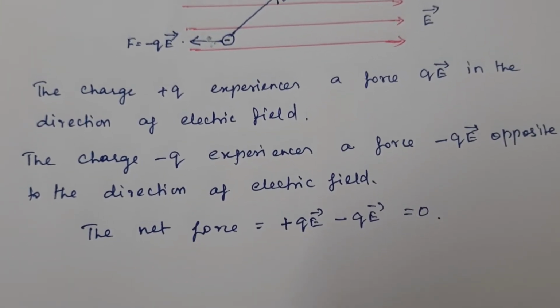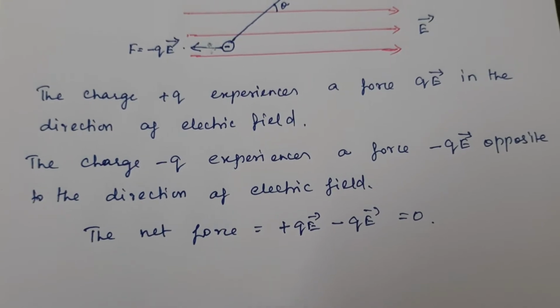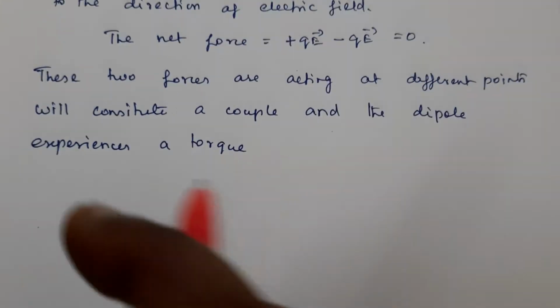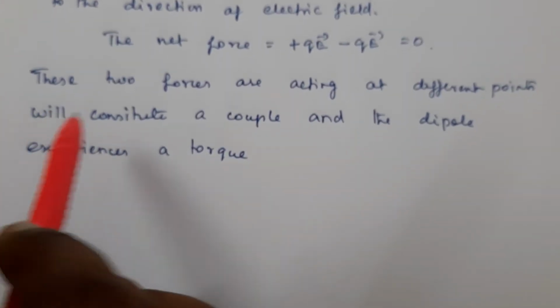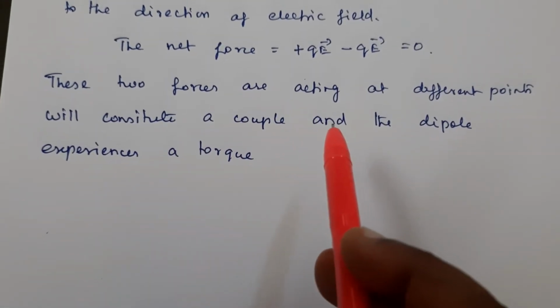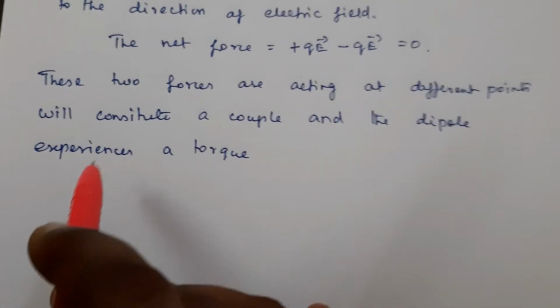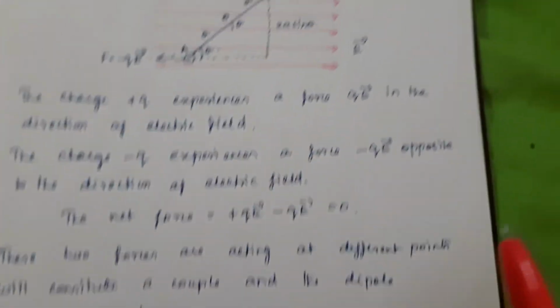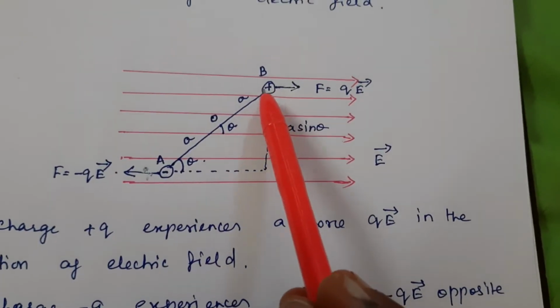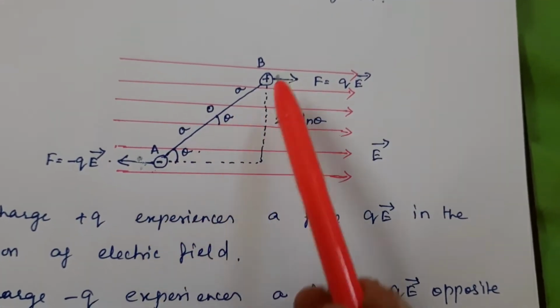Okay. Now these two forces are acting at different points and will constitute a couple, and the dipole will experience a torque. You can see here these two forces are acting at different points.